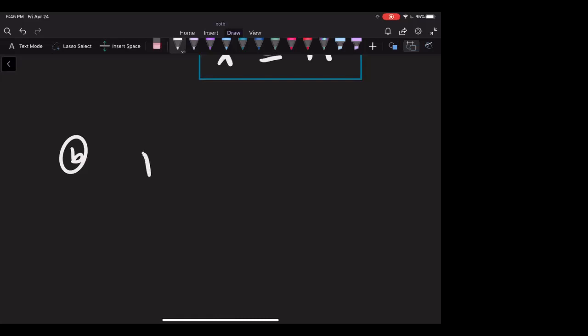We're gonna do this one. 5a plus 5 is equal to a plus 5.